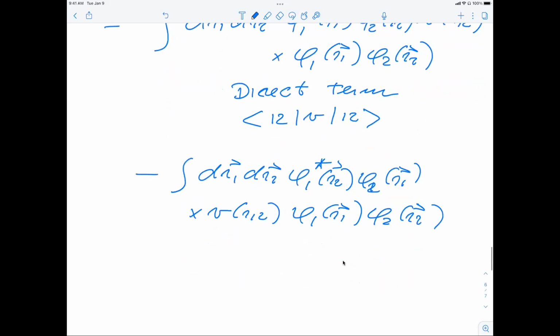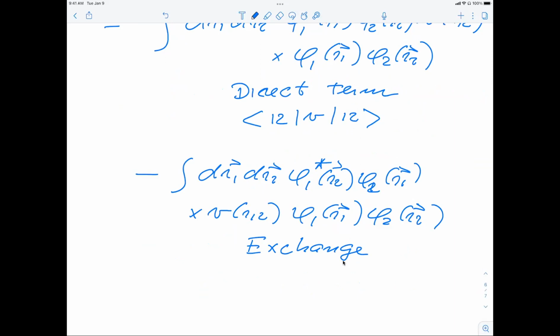And this is called the exchange term because we have exchanged the two particles. And this is due to the Pauli principle. So the Pauli principle states simply that the wave function has to be antisymmetric. When we use a single particle basis like now, the consequence is that no orbit, or single particle state, can be occupied by more than one particle.